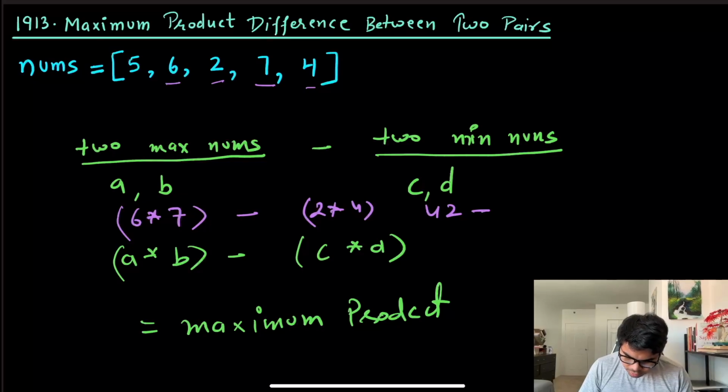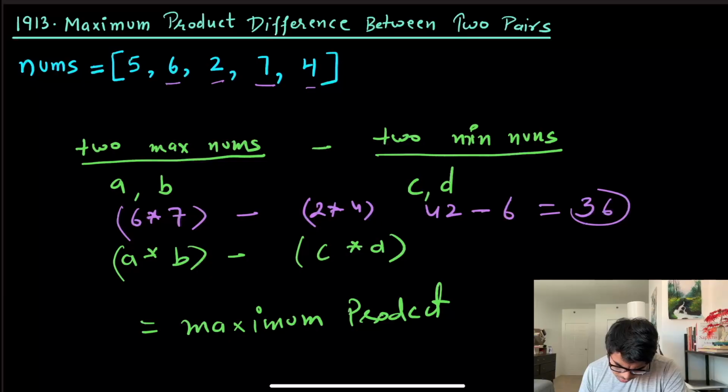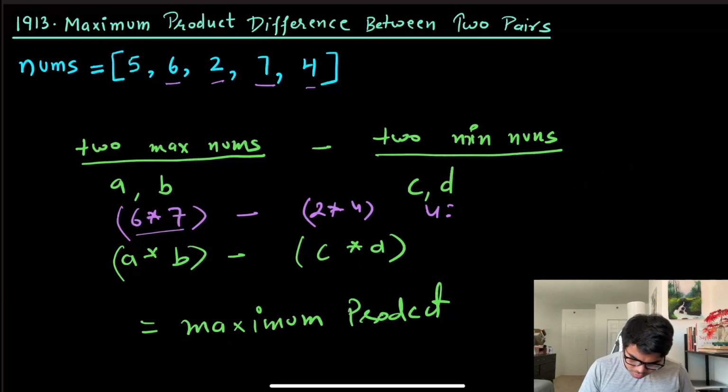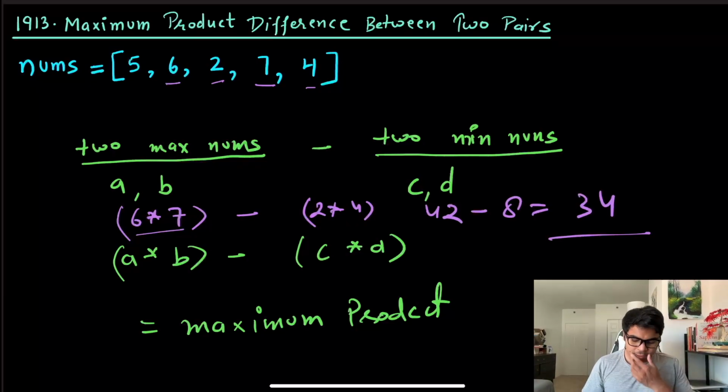Does that give me 36 or 34? Oh, this is not 6, this is 8, since 2 into 4 is 8, so 42 minus 8 gives me 34. So that is my answer.